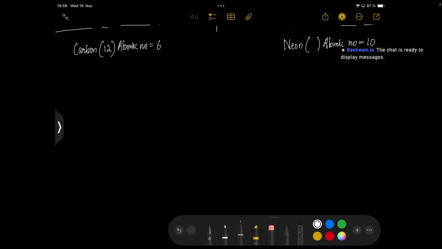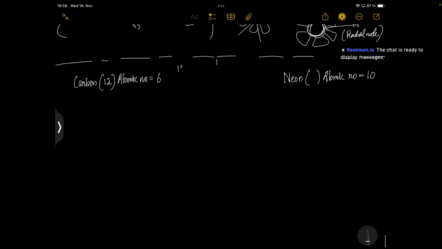Let's take 1s, 2s, 2p, 3s, 3p, 3d, 4s, 4p, 4d. And I believe it's good. Let's just write 5s. It's just going to go like that. And we just draw an arrow, crossing through these. Now it doesn't start to make sense right now, but it will.